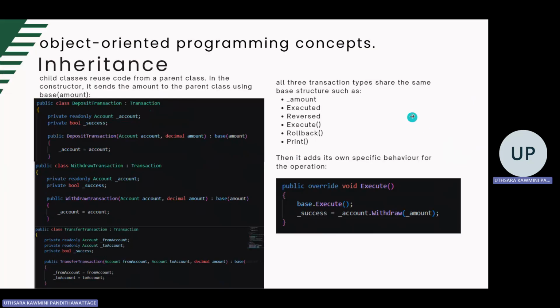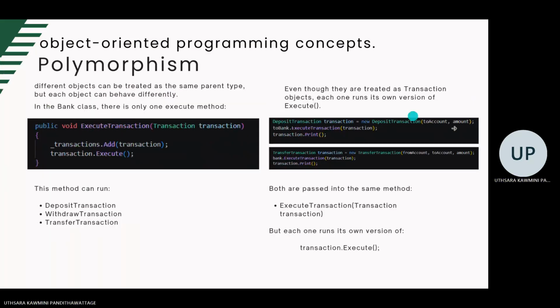The final object-oriented programming concept is polymorphism. It means different objects can be treated as the same parent type, but each object can behave differently. In the Bank class, there is only one Execute method. As you can see, they use one Execute method, but it will run differently. This method can run DepositTransaction, WithdrawTransaction, and TransferTransaction classes.